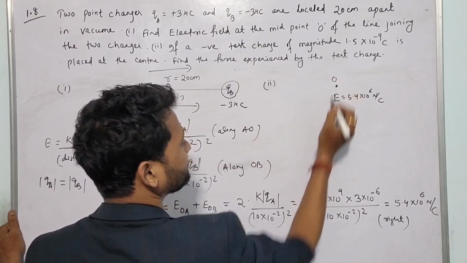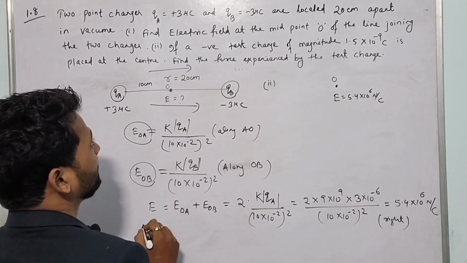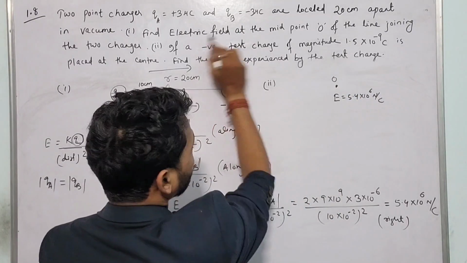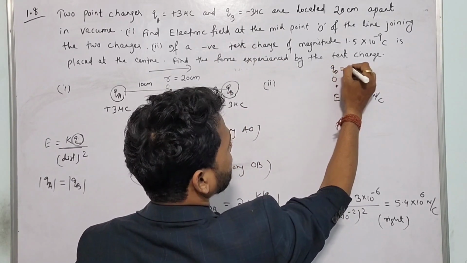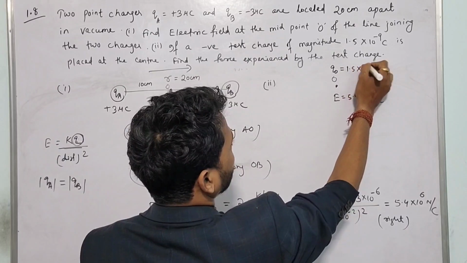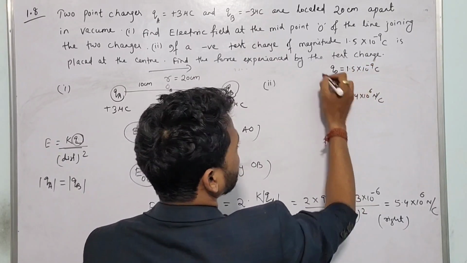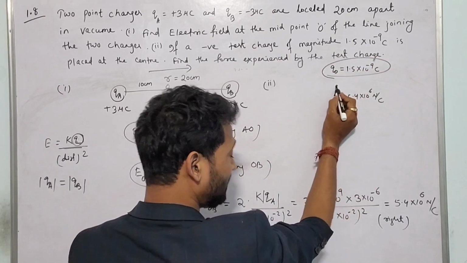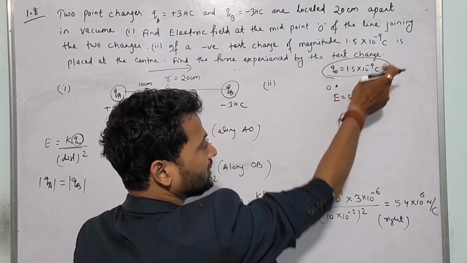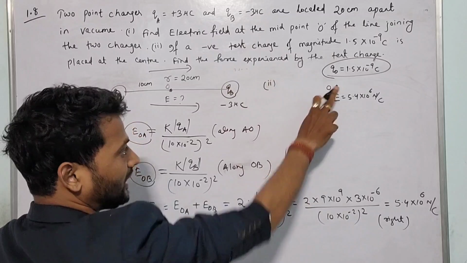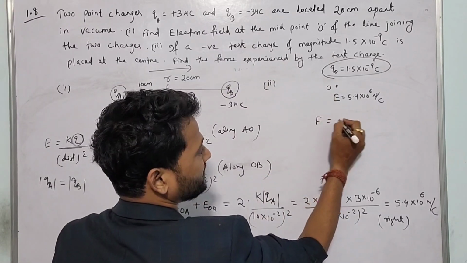This point was O. Now we are keeping a negative test charge of magnitude 1.5 into 10 to the power minus 9 coulomb. Is it clear? We already got the strength of electric field at this point. Now we are keeping one test charge in that electric field. The test charge will experience a force.